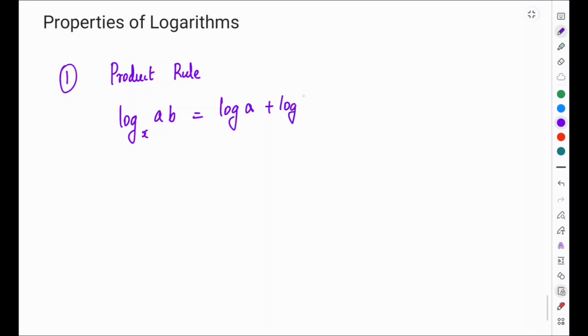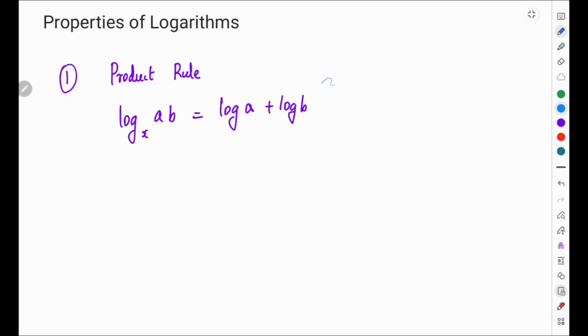Now, properties of logarithms. The first property is the product rule. What we have is log of a b to the same base, the base can be written as x, is nothing but log a plus log b. Let us try to understand.